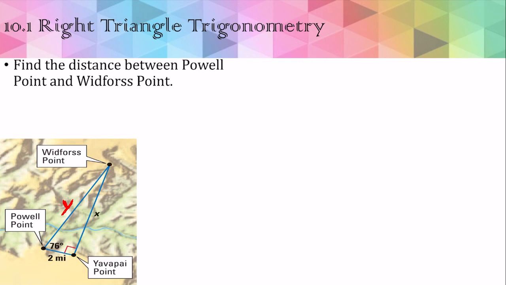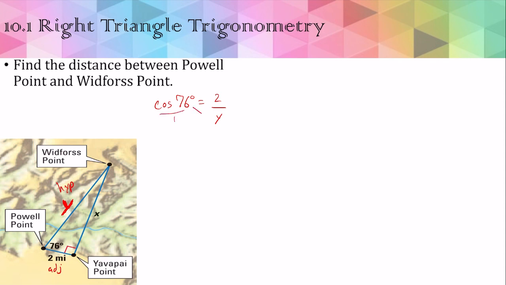Alright, so from the angle 76, the 2 is the adjacent side, and the y is the hypotenuse. Adjacent and hypotenuse is, well, cosine.